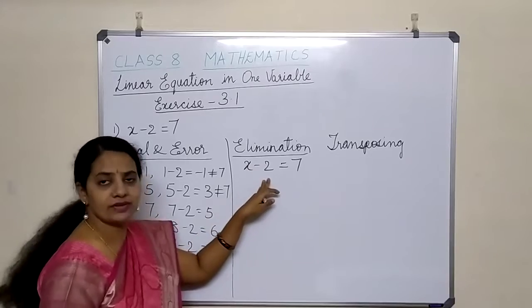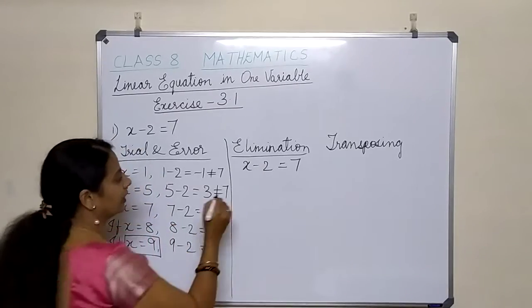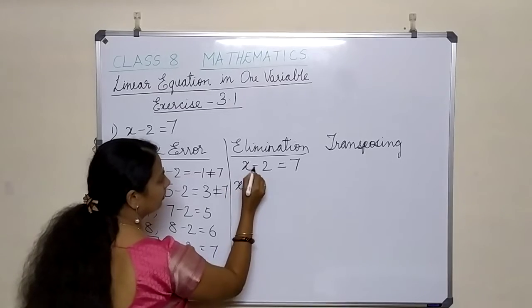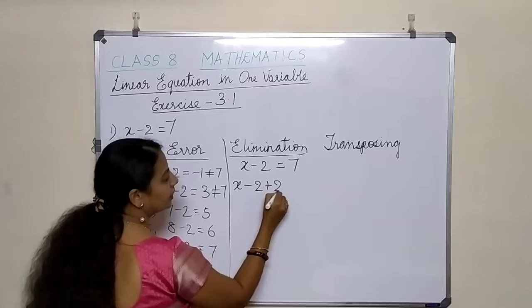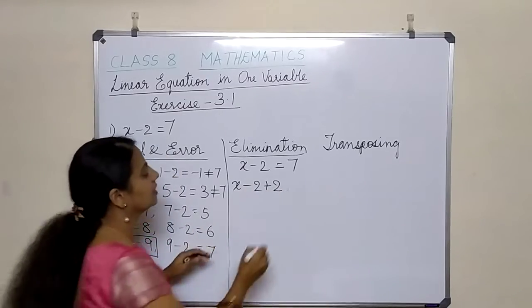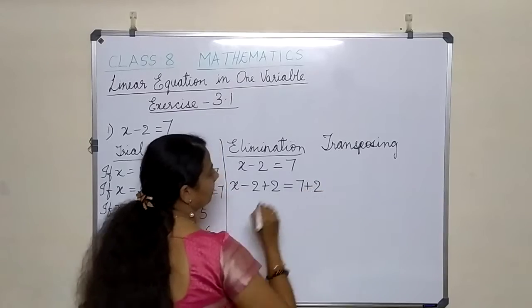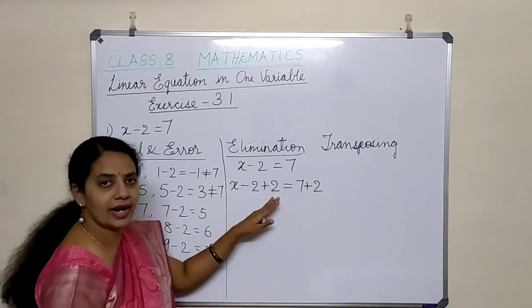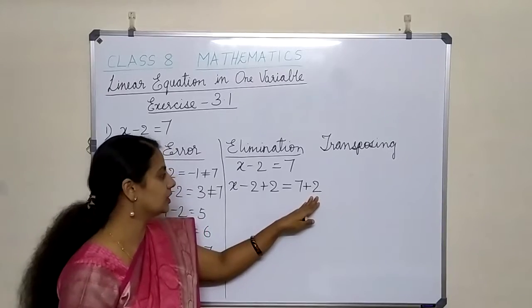X is associated with minus 2. So we have to eliminate this minus 2. For that you have to write down x as it is, minus 2, and add 2 to both sides of the equation. So here I am going to add plus 2. Here also I am going to add plus 2.